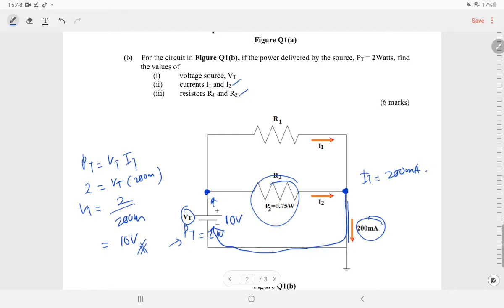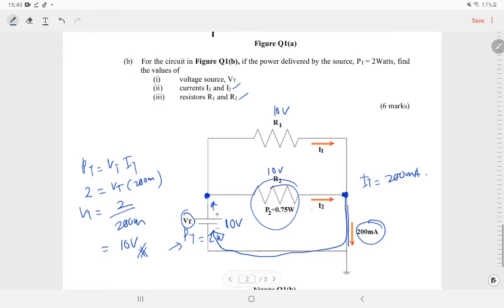So from here, in a parallel circuit, we know that the voltage drop over here is 10 volt, and the voltage drop over here is also 10 volt. Okay, so you know the P, and you also know the voltage.